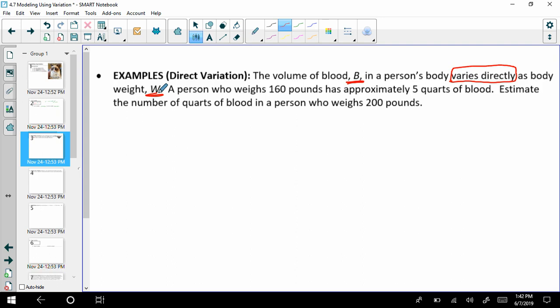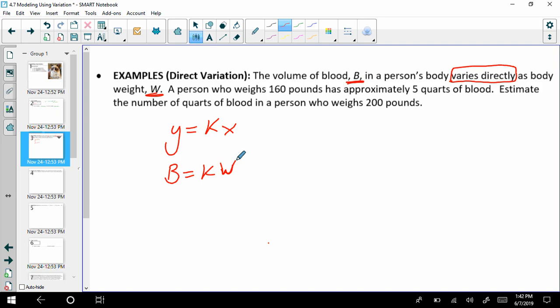Before I even do anything else, since it said varies directly, I know I'm going to be using this setup. However, instead of y and x, I am going to use b and w, because those are the variables I'm dealing with. Okay, that's like part one.